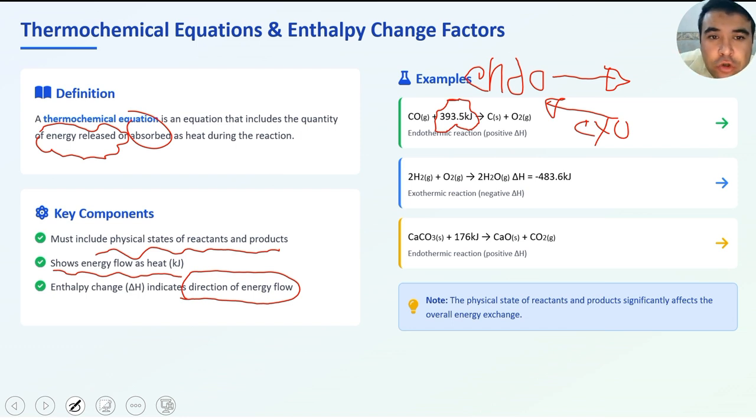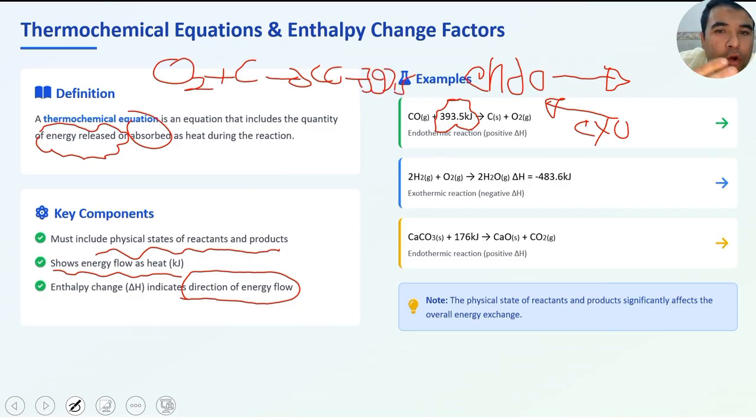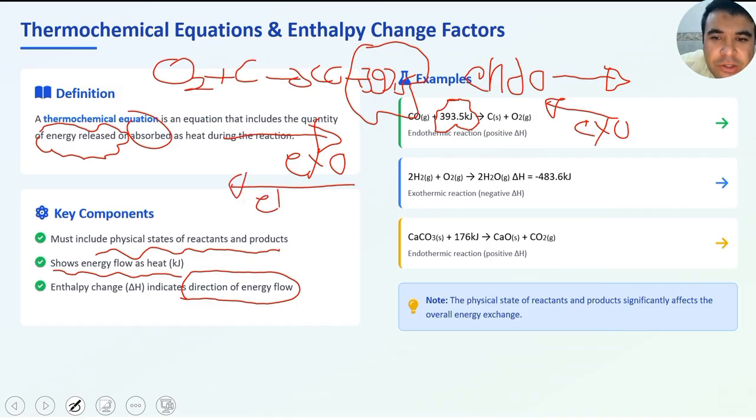But in the same equation, O2 plus C giving CO plus 393.5, if it's written in the product side, the forward is exo and the reverse is endo.